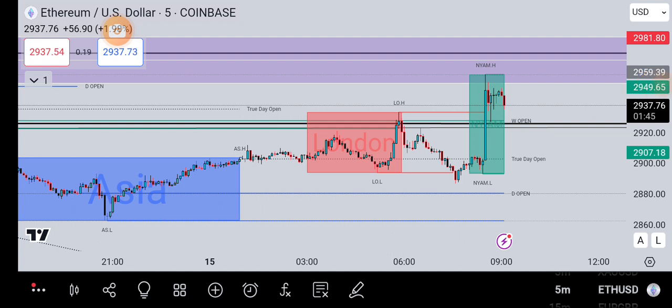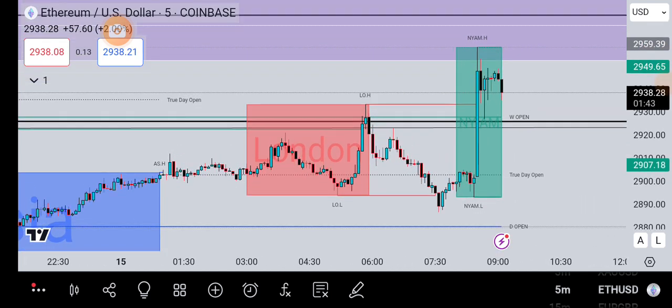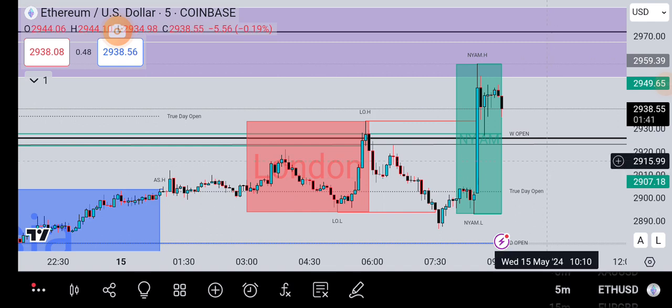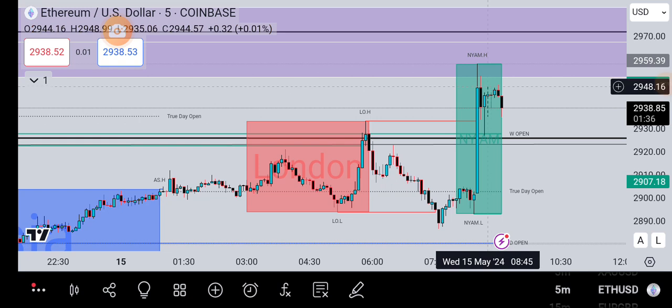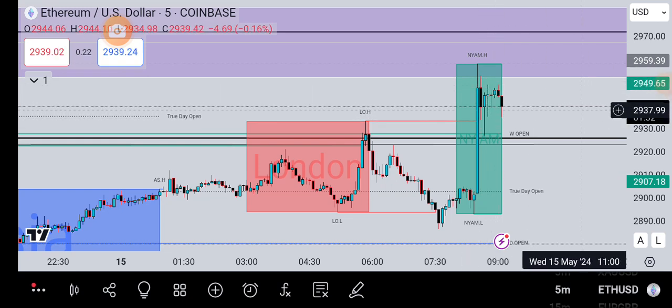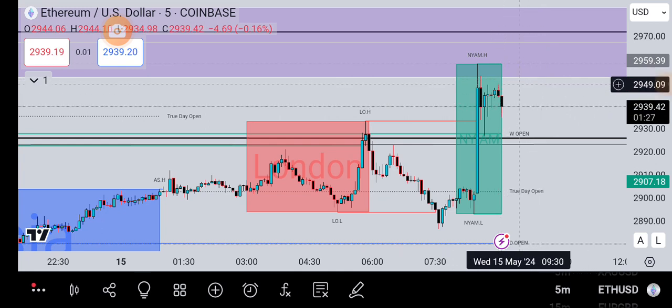All right, so what's happening over here? So what I'm seeing is currently we have this price action around here. I don't want to still rush, and I want us to see the next candle probably in the next 10 minutes to see what will happen.